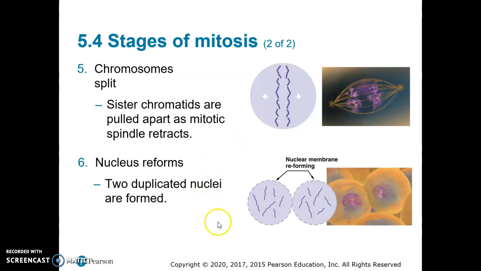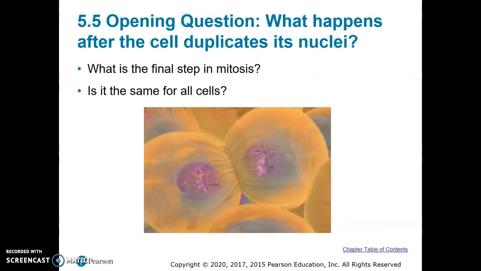And then in telophase, the nuclear membrane starts to reform. The cell starts to pinch down the middle, which is cytokinesis. So this is mitosis and what it looks like. And as a result of that, you will have a whole bunch of identical cells.